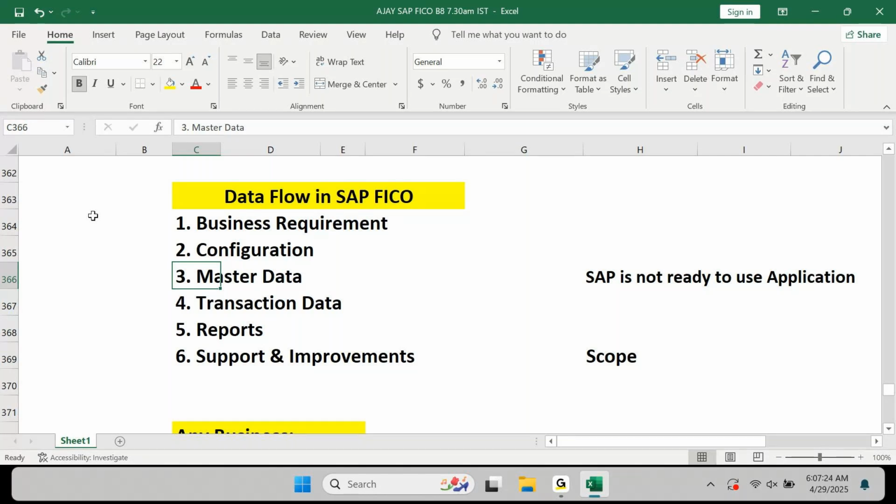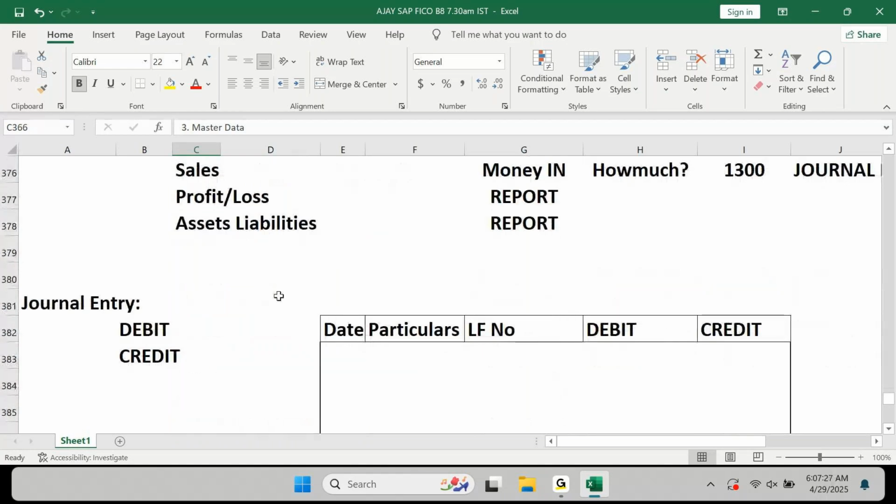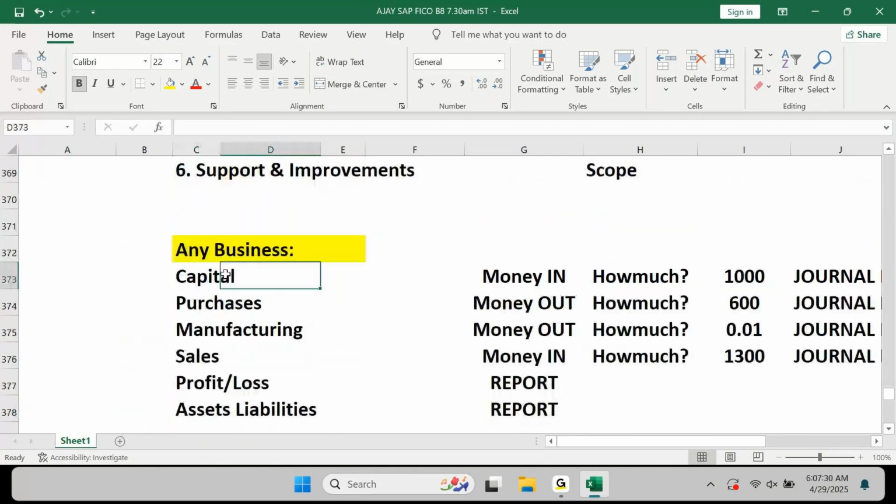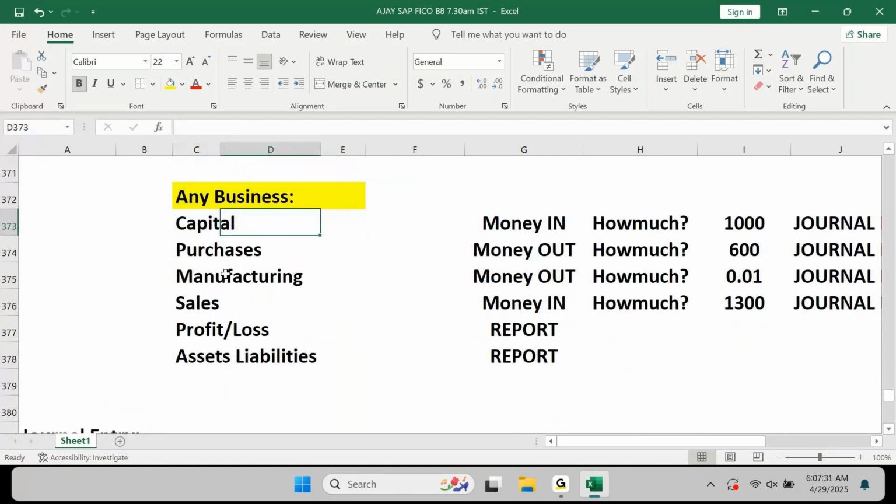After looking at this, we understood that we take any business. From any business, we understood that we need to ensure that money is available with us to perform the business. With the help of money, you are spending some money, you are receiving some money for different reasons. In short, you need to capture transactions where money is coming in and transactions where money is going out.